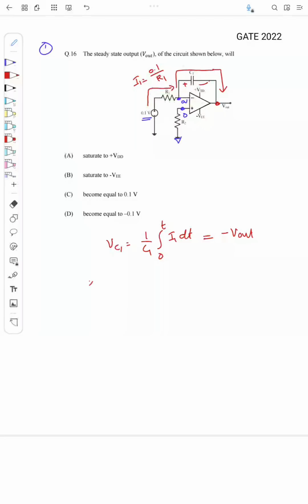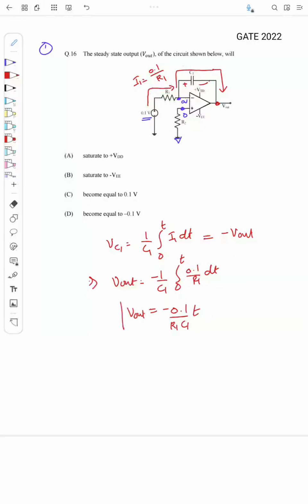So Vout is actually equal to minus 1 by C1 integral 0 to T of I1, which is 0.1 by R1, dt, right? So minus 0.1 by R1 C1 dt. So when I integrate, this will be equal to into T, right?